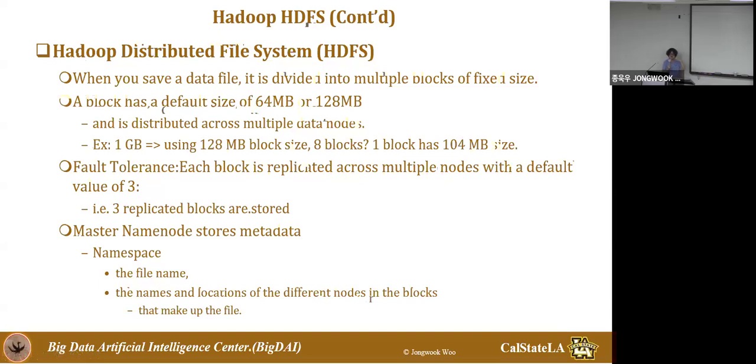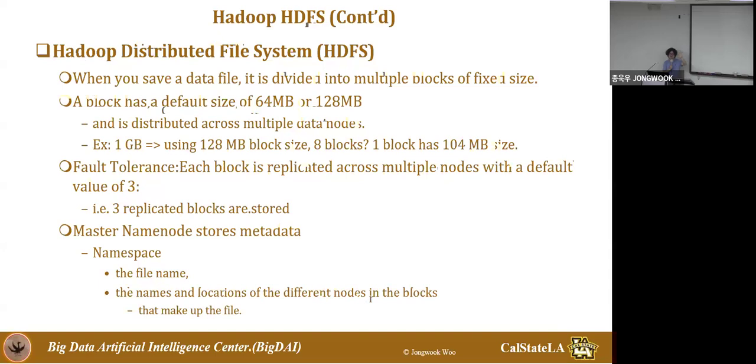So if I have 1 gigabyte that I need to store in 3 servers, these 8 blocks should be spread out to these 3 servers. After that, to maintain fault tolerance, assuming that one server could always be down, you need 3 replicas of each block.